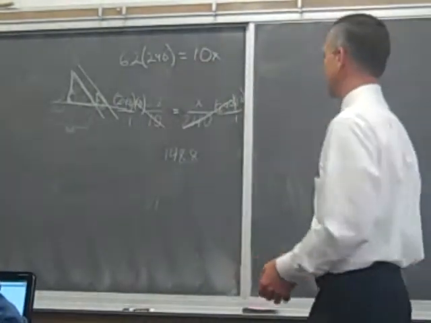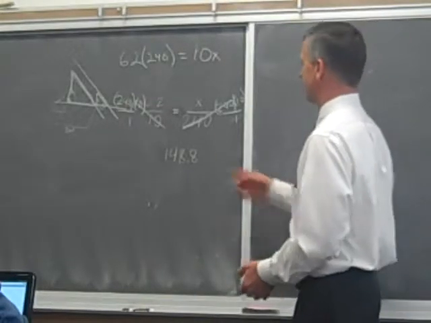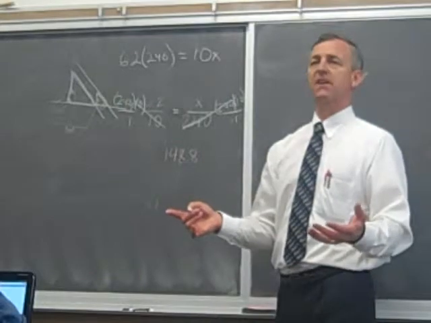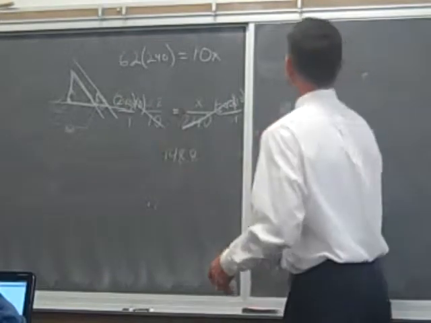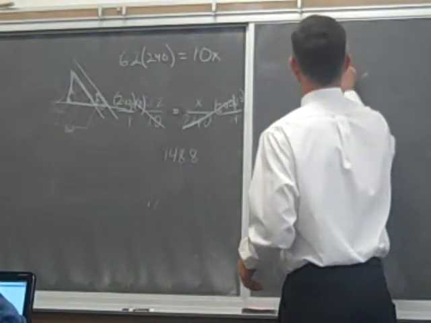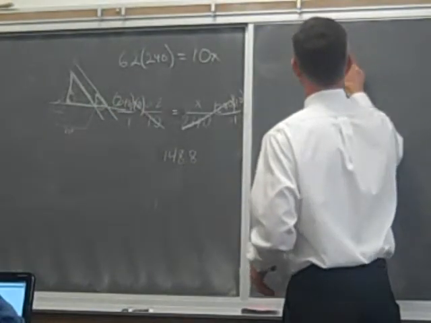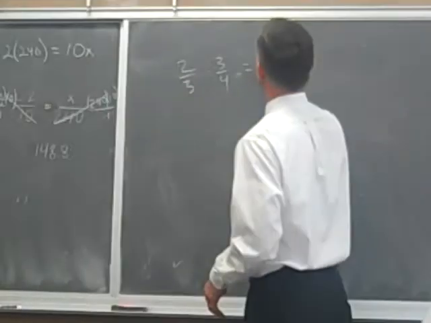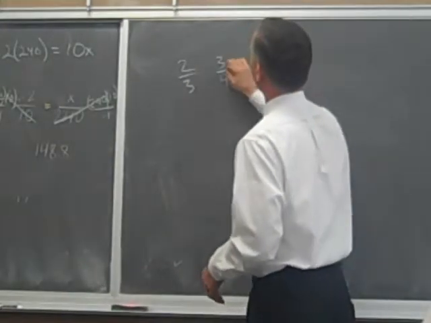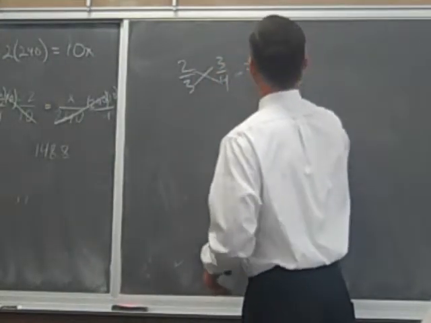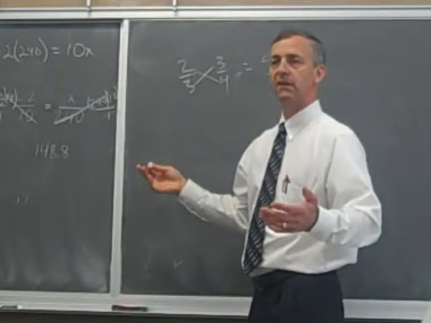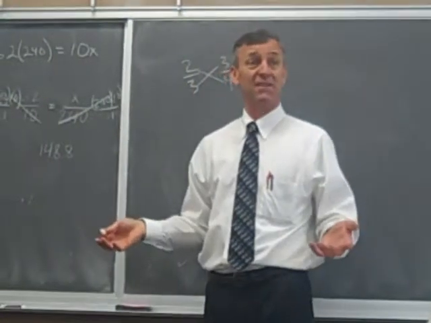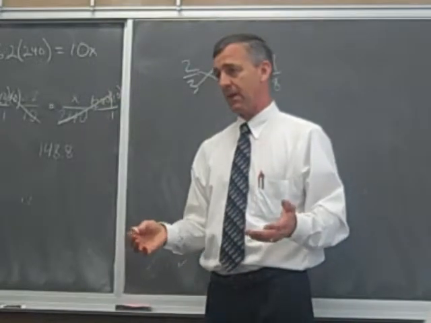Let me just tell you why. They see two fractions, and whenever they see two fractions together, they want to cross multiply. So a problem like this: 2/3 times 3/4. They'll go, oh, that's 9 eighths or something like that. And they'll cross multiply anytime they see two fractions together, because it's just a trick.